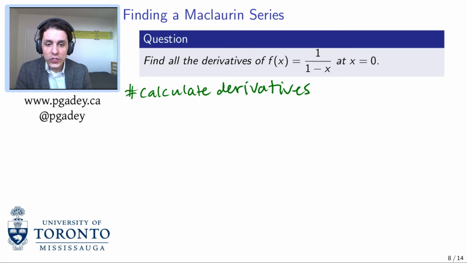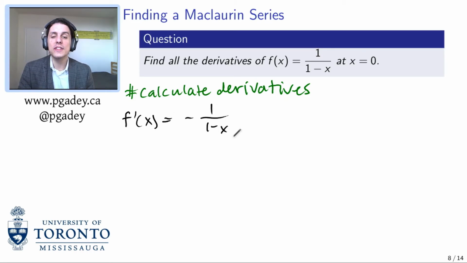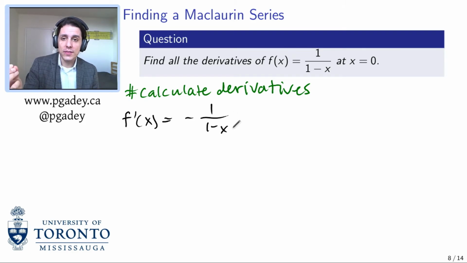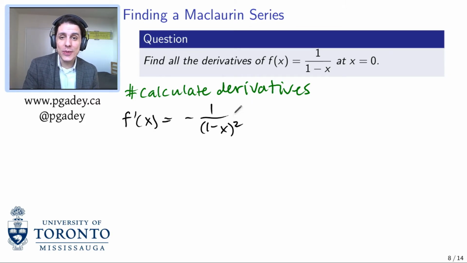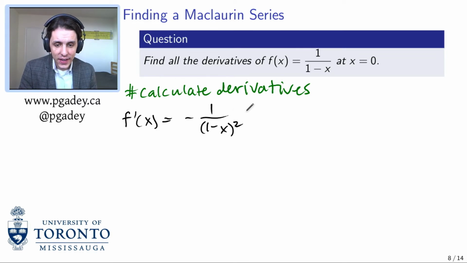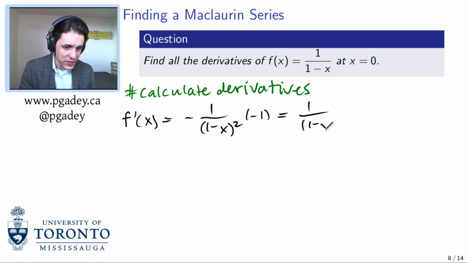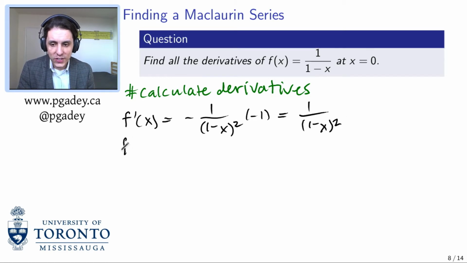So our first derivative, f prime of x, is... when we take the derivative of 1 over something, we get negative 1 over that thing squared. And we have a chain rule situation here where we take the derivative of 1 minus x, and we get a negative 1. So we have 1 over 1 minus x squared. Now let's take our second derivative.